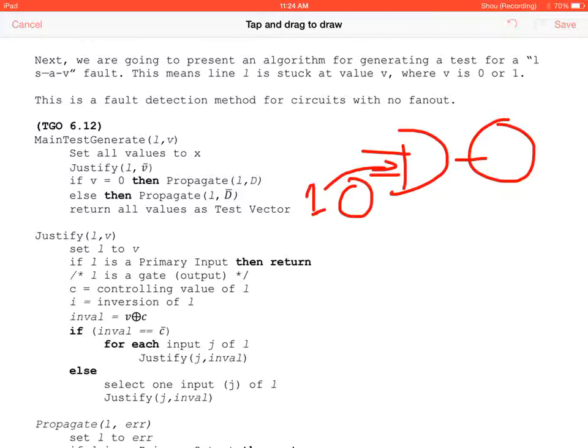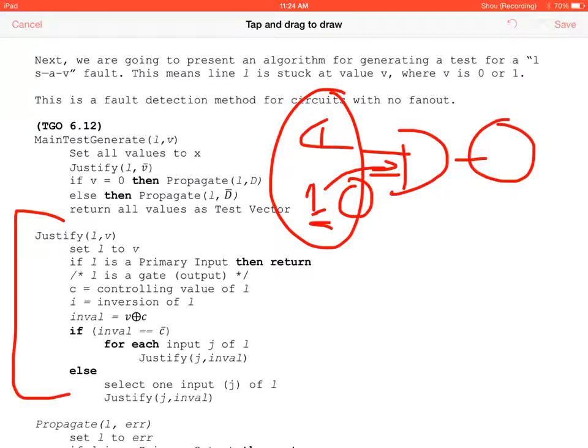So we're going to justify the inputs by taking the opposite of the stuck-at fault, and we need to figure out how to propagate that through the circuit. Well, if we have a 1, then we need to have a 1 here, right? So this portion of the algorithm is formally defining that intuitive process that we just did.